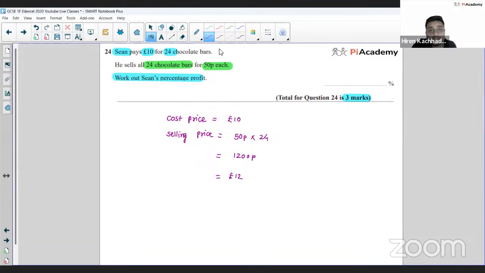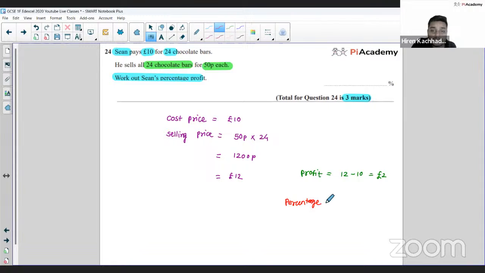If someone asks you what the profit is, then profit is 12 minus 10, and that is 2 pounds. But the question is all about the percentage profit, right?